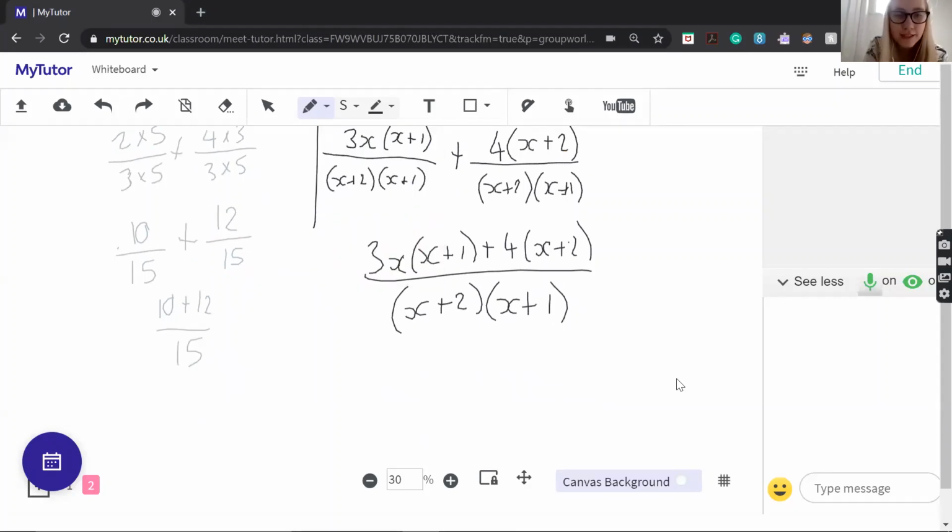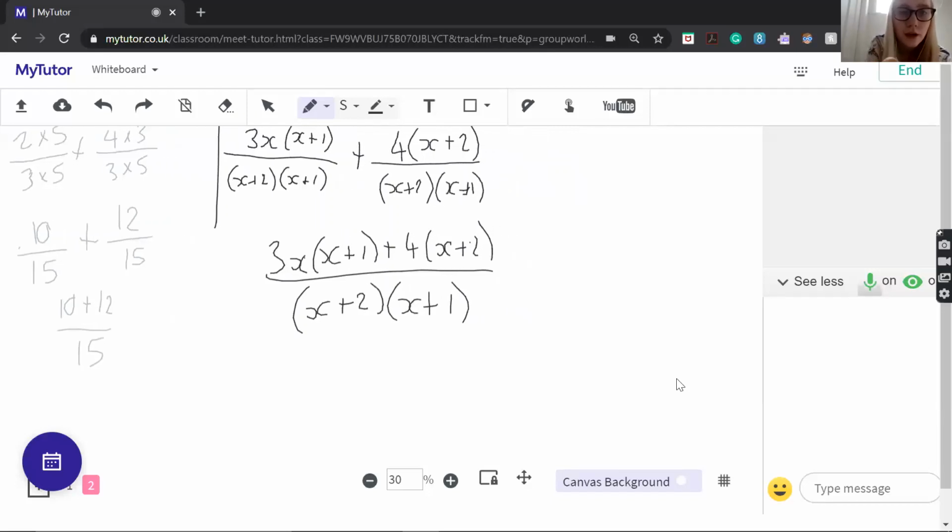So in this case, I'm going to go off and do it separately so that we don't have to keep writing out the denominator, sorry. So here, I'm going to go off and go, well, 10 plus 12, that's equal to 22. So I'll write that over my denominator, and that's how we've done that one.